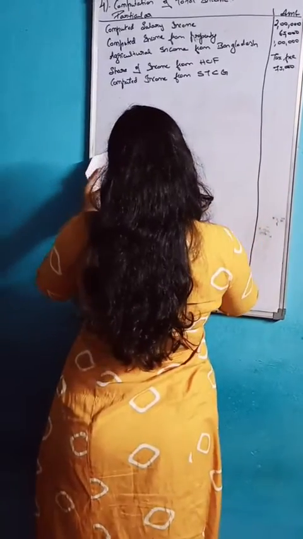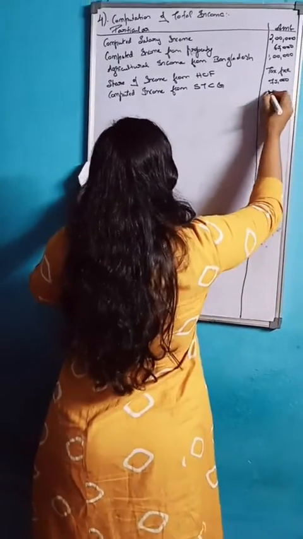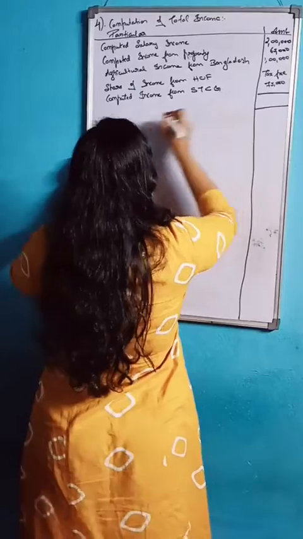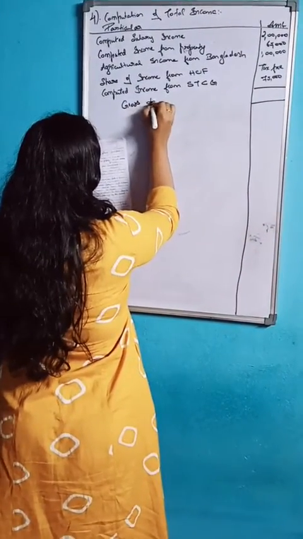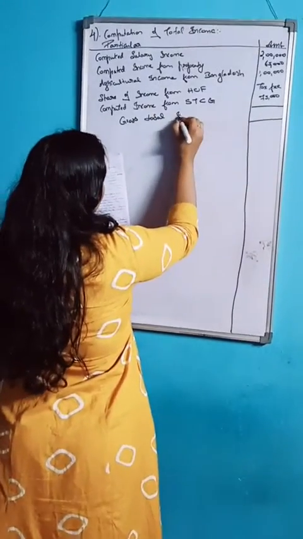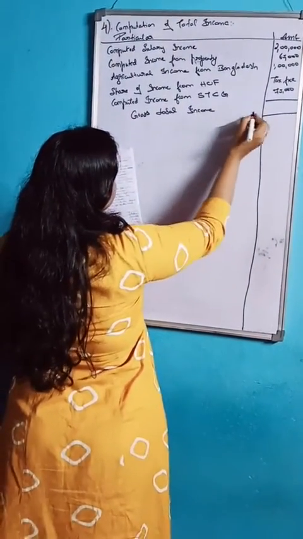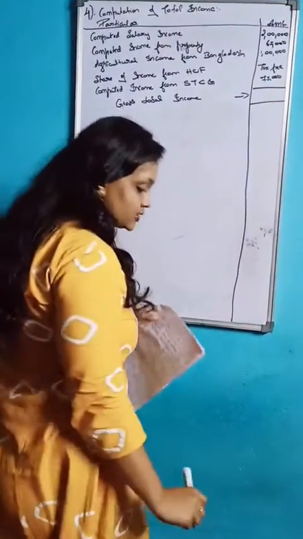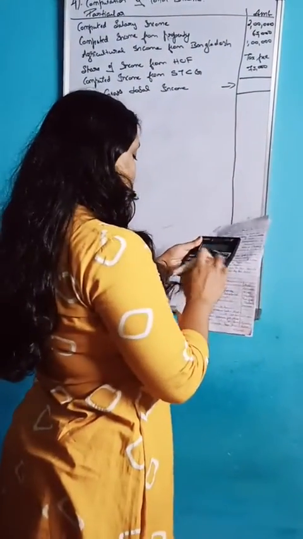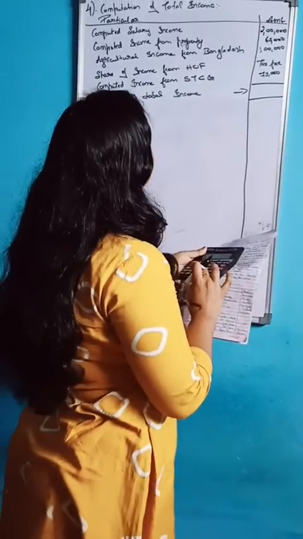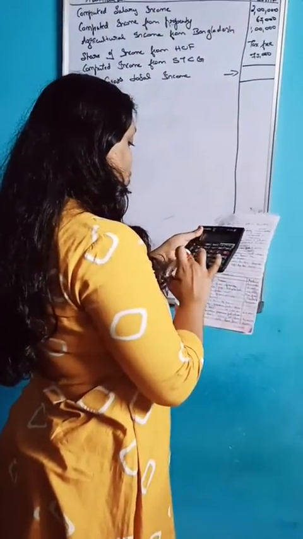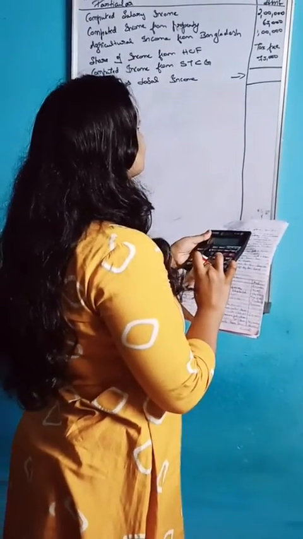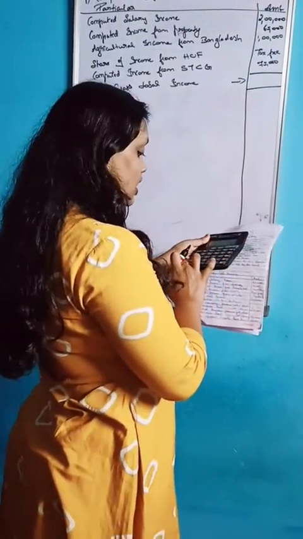Okay, then you should calculate the gross total income. Just add, how much will we get? So it's like 2 lakh plus 65,000 plus 1 lakh plus 75,000.